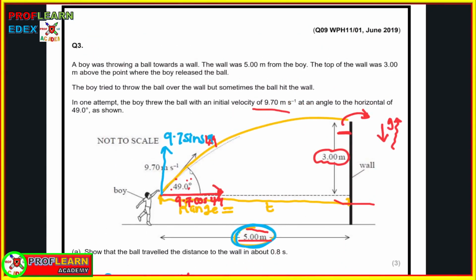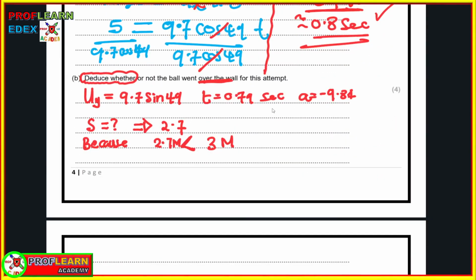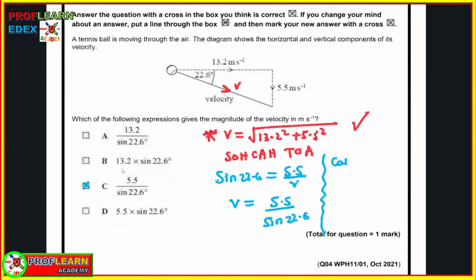We use negative acceleration because the object was moving up, so it will be decelerating, slowing down. We can now apply the equations of motion at this point, and the displacement in that case is going to be less than the wall height. So it did not go over the wall.